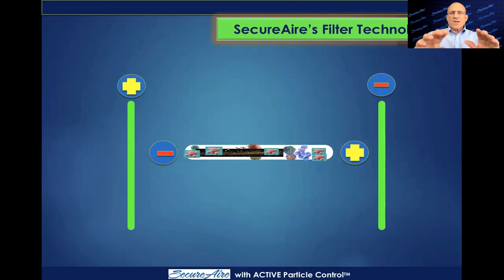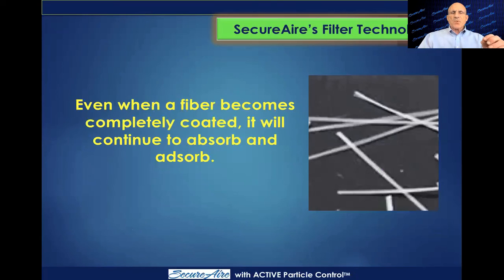Think of this as creating an outer layer on that fiber. And that outer layer, once it's completely coated, becomes the next layer of coating where everything else will become attracted. VOCs will be absorbed, and that layer will be completely coated, and then another layer will form, and another layer will form. And we can do all that without increasing static pressure, right?